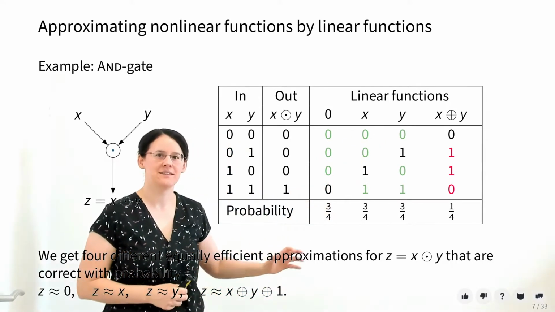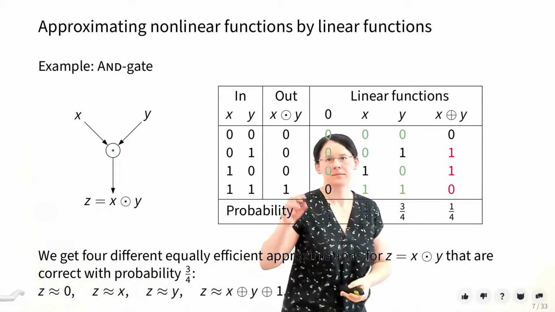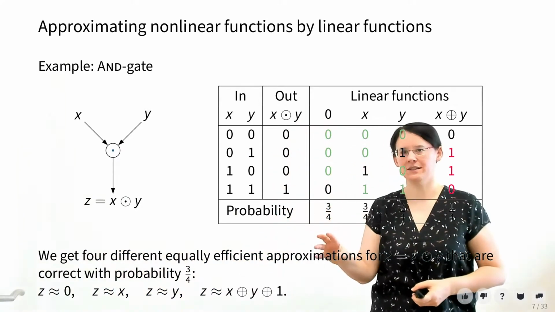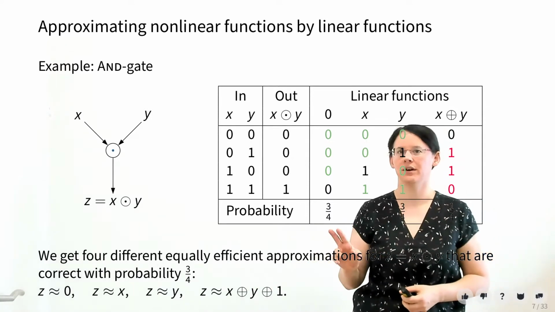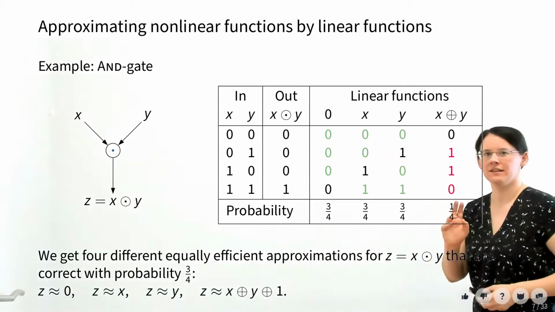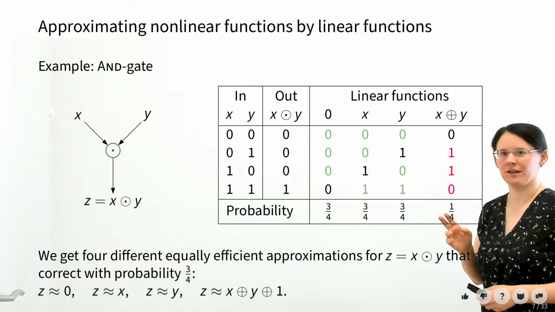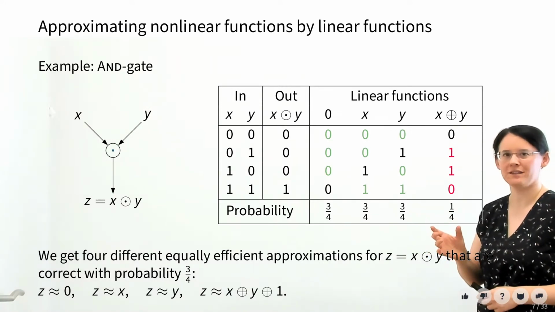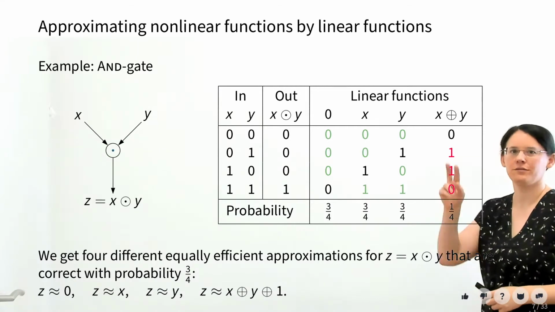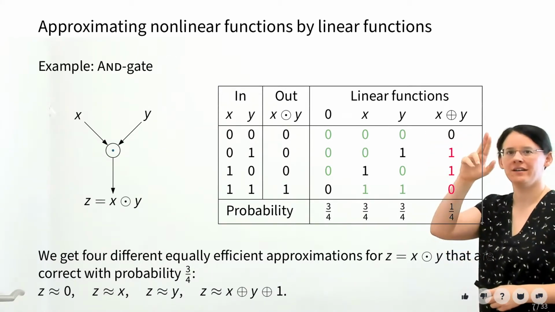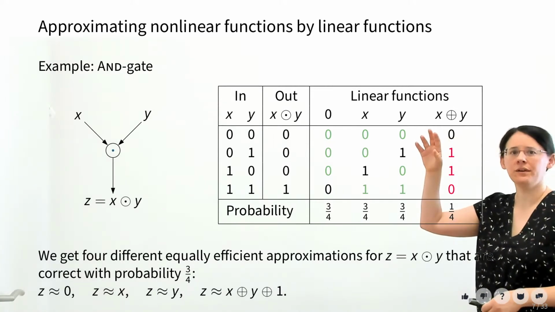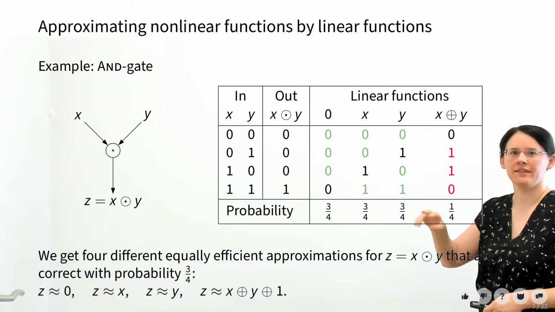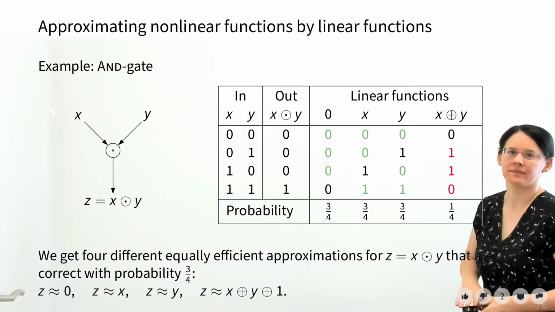And what this means is that if we look at any of these approximations, they are actually good representations which are correct in 3 out of 4 cases. This one here looks like a bad approximation, but that means it also gives rise to a very good approximation if I simply toggle the result. So if I take x plus y plus 1, then only the first one here is incorrect and the other ones are all correct.